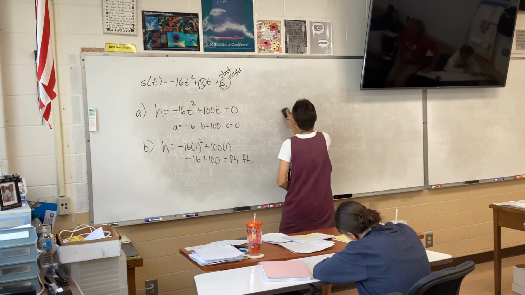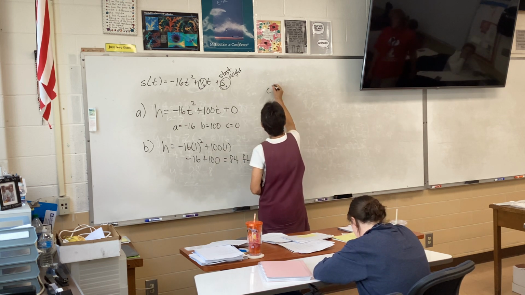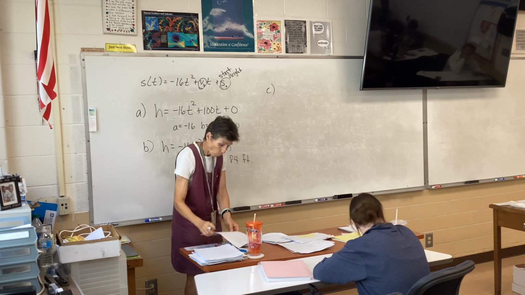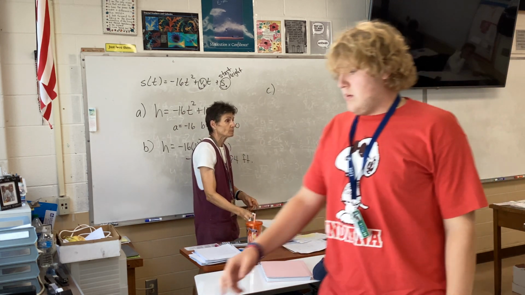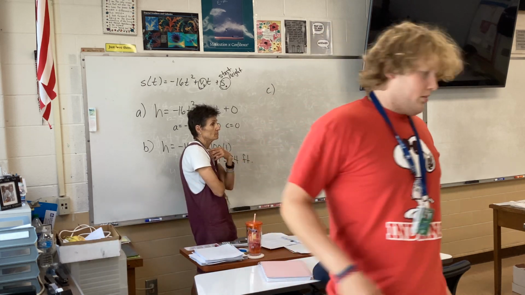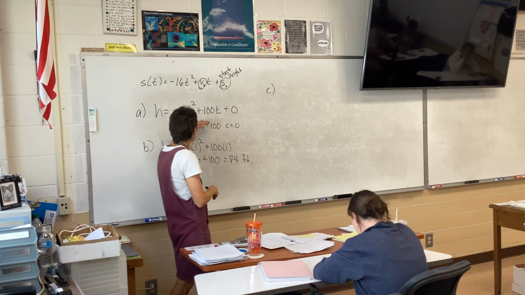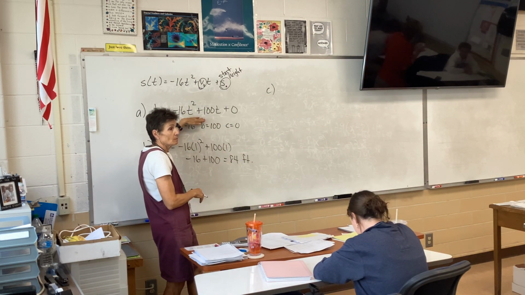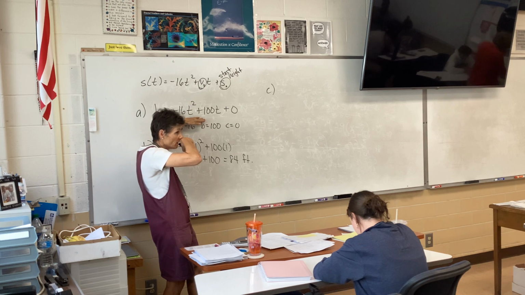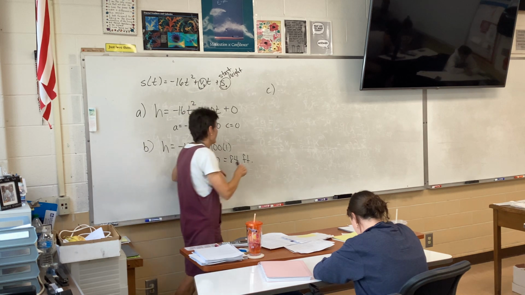Last question in this part says, when does the ball hit the ground? So back to your equation right here. What are you going to do if you want to know when the ball hits the ground? 0 equals.